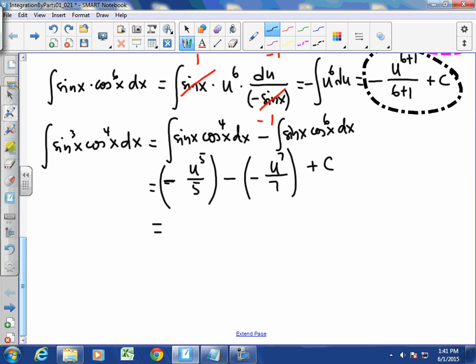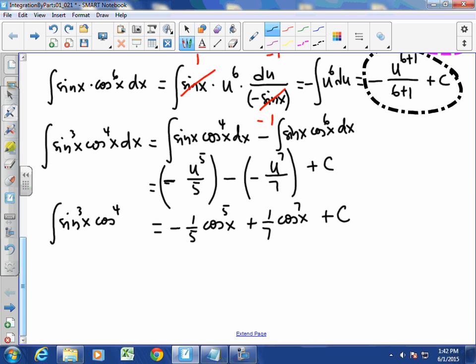And replacing u with what it is, we set u to be cosine x, so that would be negative 1 over 5 cosine to the 5th x. Now negative minus is plus 1 over 7 cosine to the 7th x, then plus constant. That's what the integral of sine cube x cosine to the fourth x dx is equal to, and that is exactly what we're looking for.